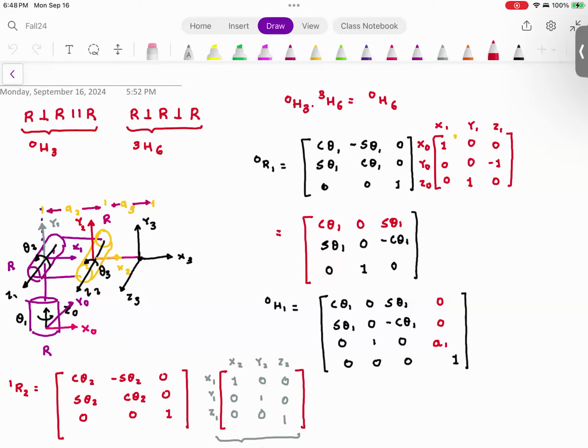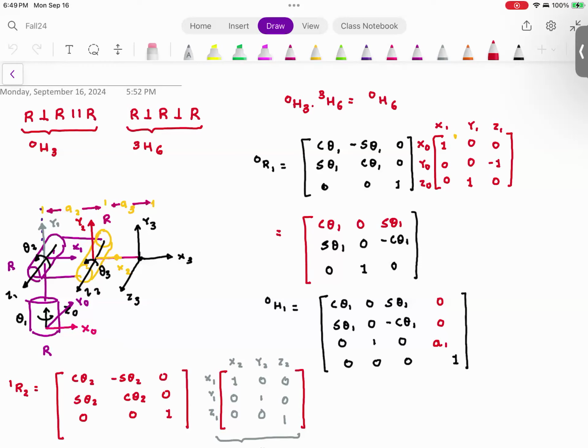That is the reason why the first joint is rotating about z0, the second joint is rotating about z1, and the third joint is rotating about z2. So the only rotation transformation that you should remember is cosine, minus sine, sine, cosine. Everyone understood this?